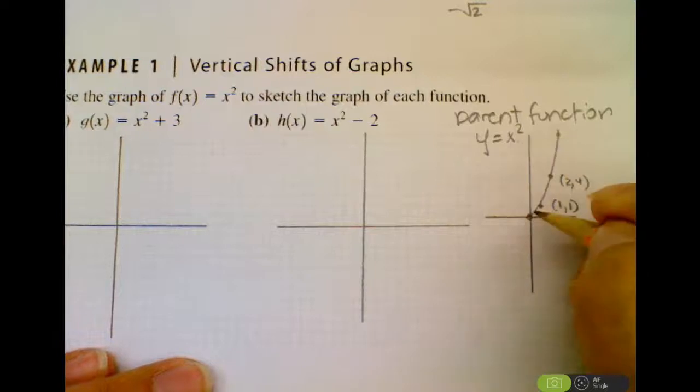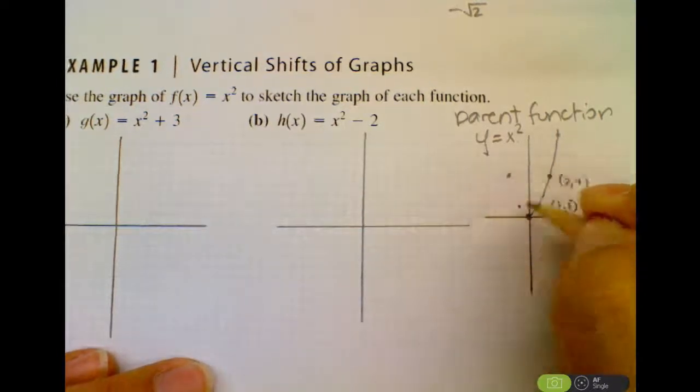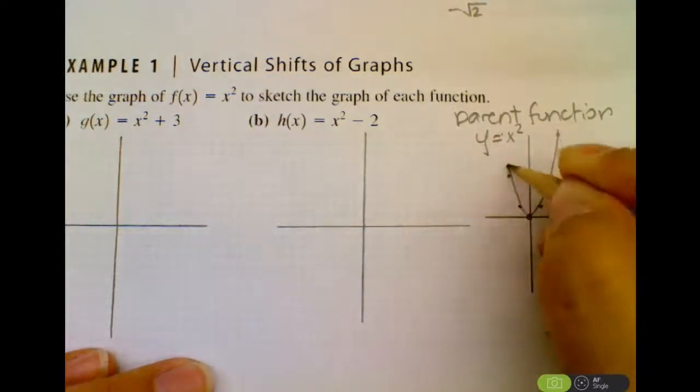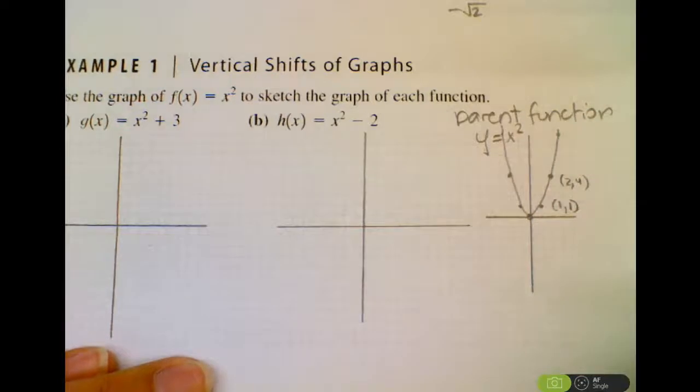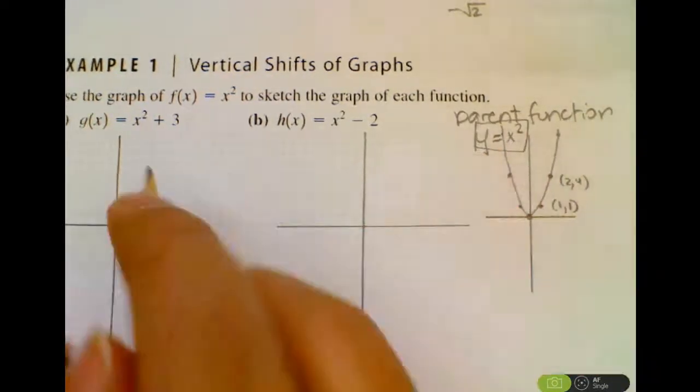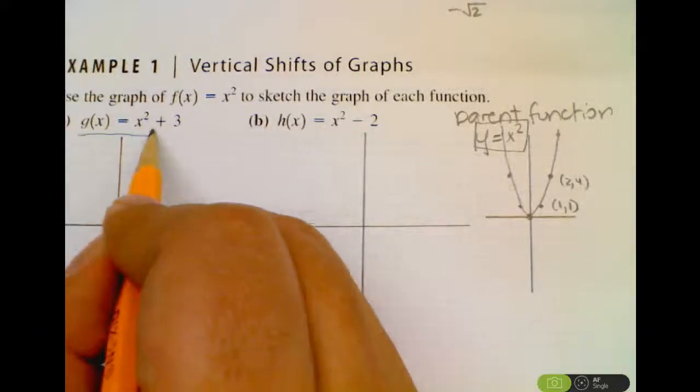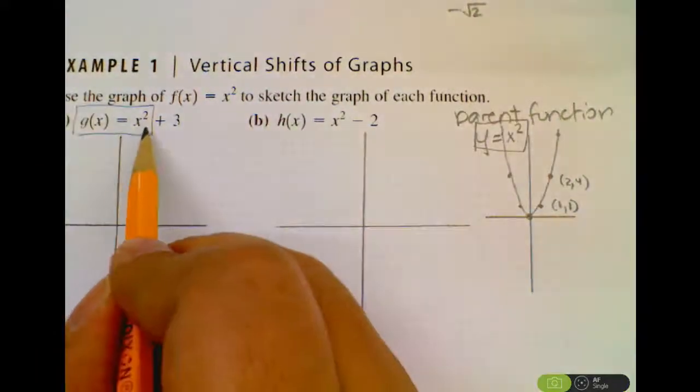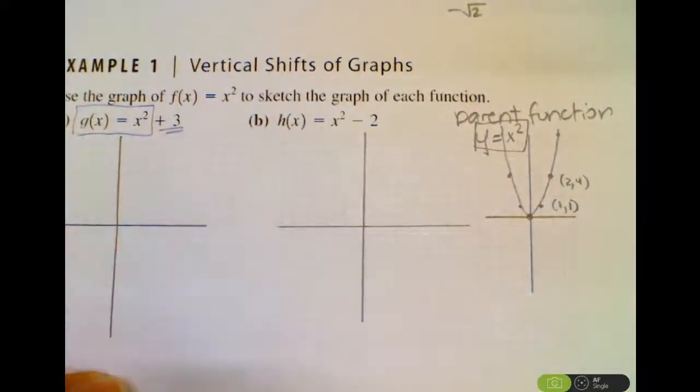So my parabola would look like this, and I can do the same thing over here. This is my parent function right here. If I compare my parent function with this new function that I'm going to call g, there is a plus 3 extra.